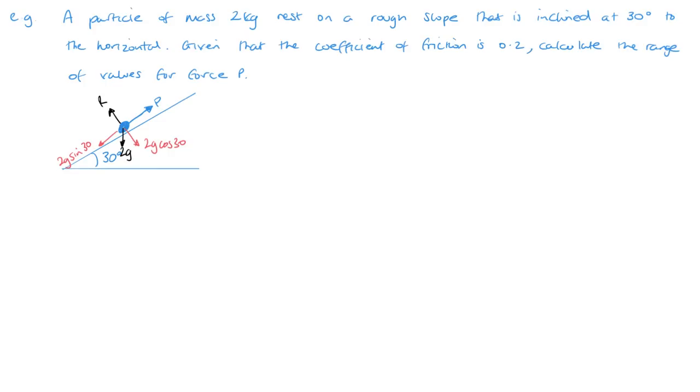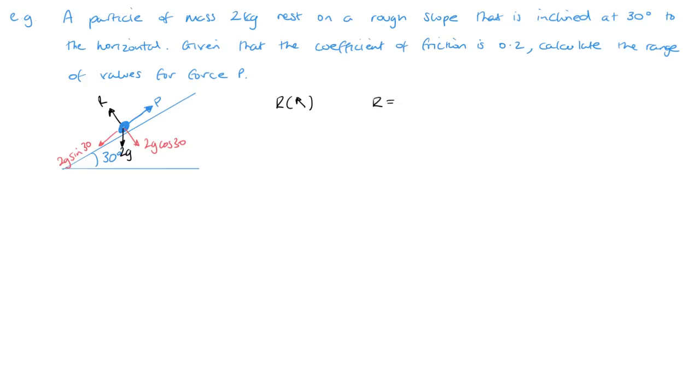Okay, right, so first things first, we need to be able to find the maximum force of friction. And to do that we need to find the value of R. Now it's not vertically upwards, it's perpendicular to the slope is what we're doing.